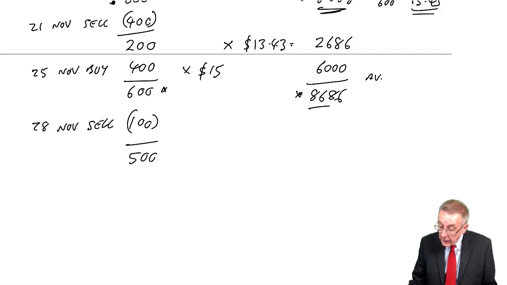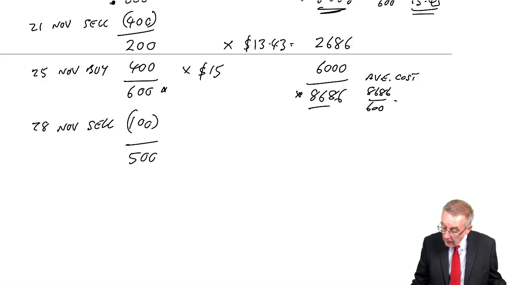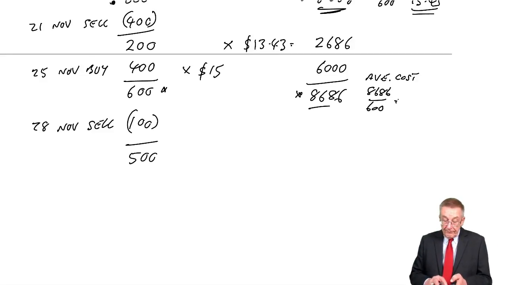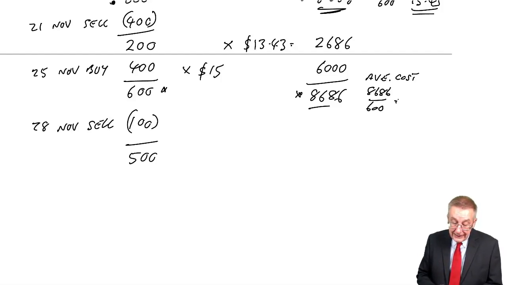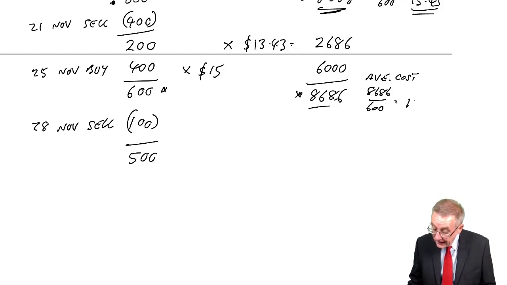So the average cost of those was now 8,686 divided by 600, 14.48.